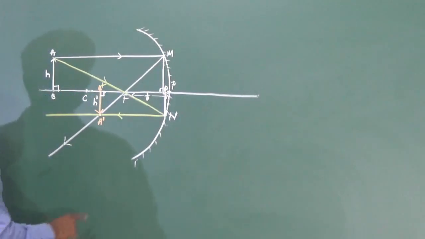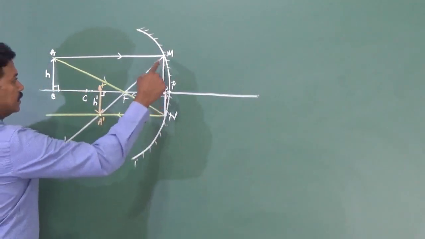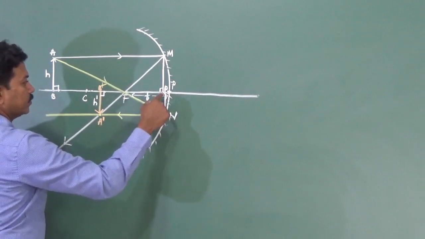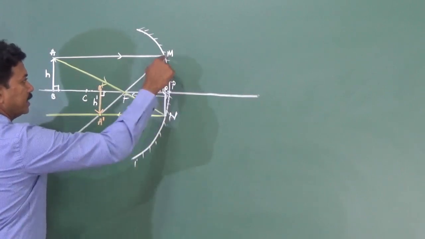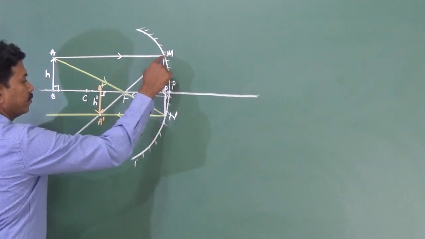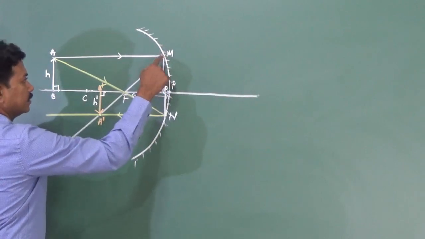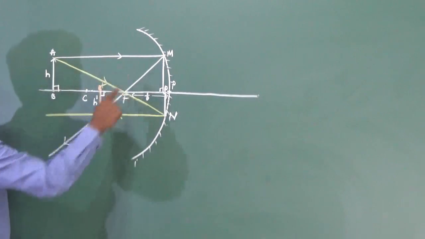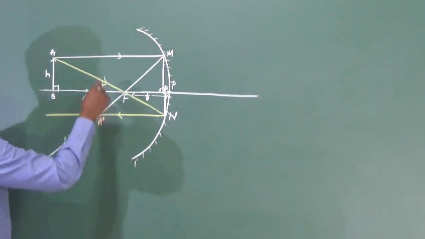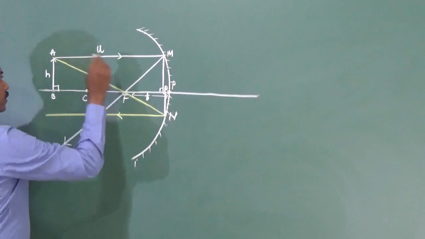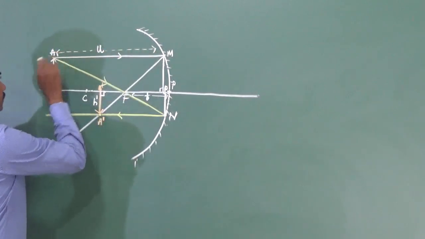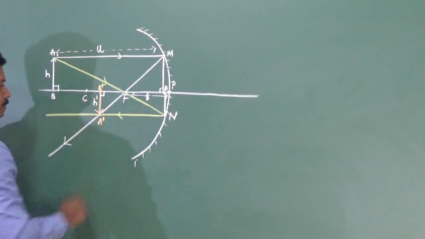Okay, now. Here this is the pole of the mirror, and point M coincides with it. The distance between the pole of the mirror and the object is the object distance, indicated by the small letter u. So this is u. The image is formed here.